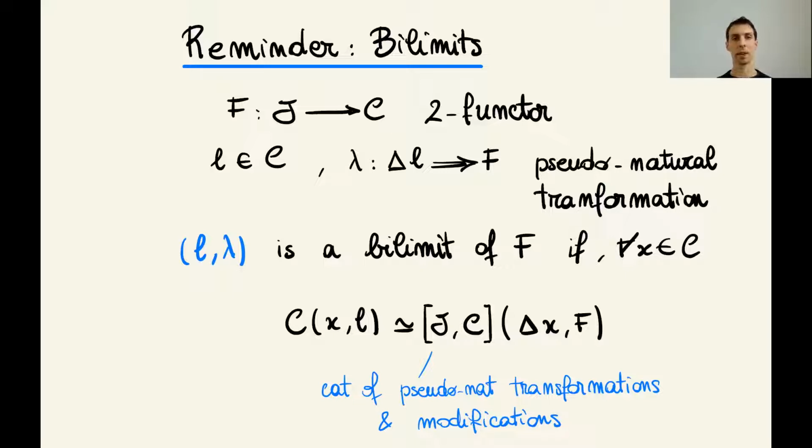So this pair, L and lambda, is a bilimit of this two-functor F if for any other object X in C, it represents some category of cones.